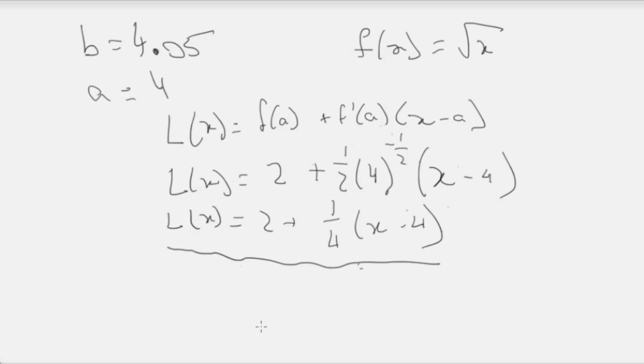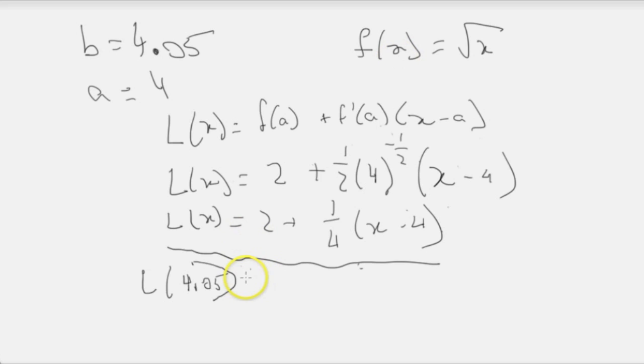So now that we've looked at the graph, we can actually solve and do the linear approximation. We're going to try to find the value of L when x is 4.05, and as we've seen on the graph, we know it's pretty darn close to the value of f of 4.05.